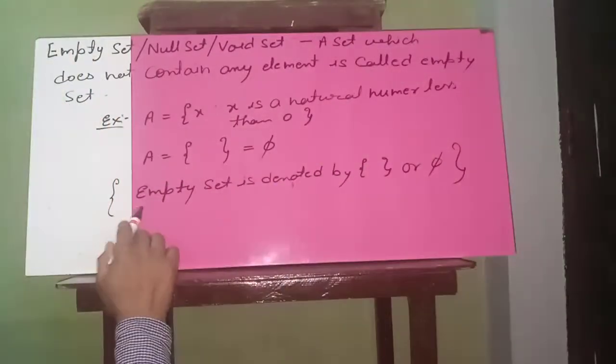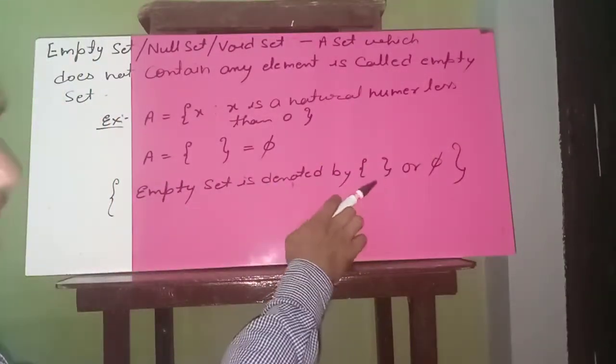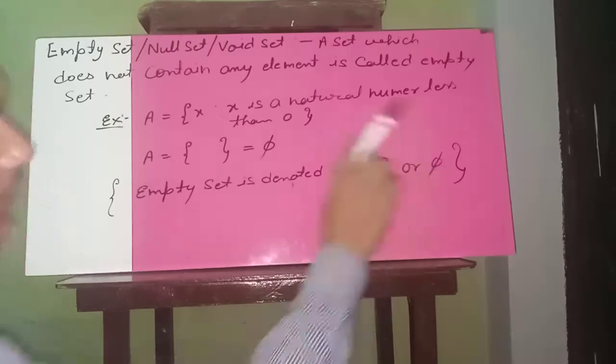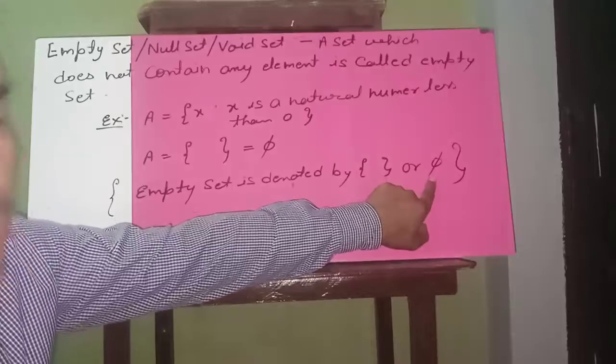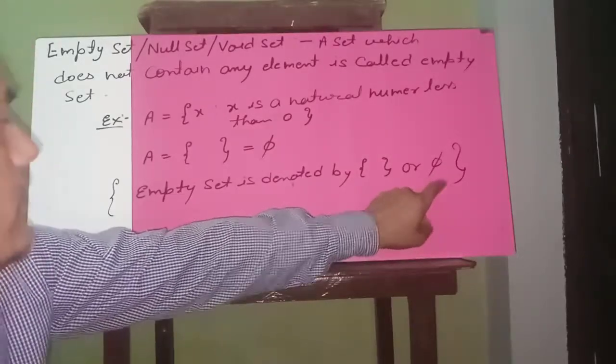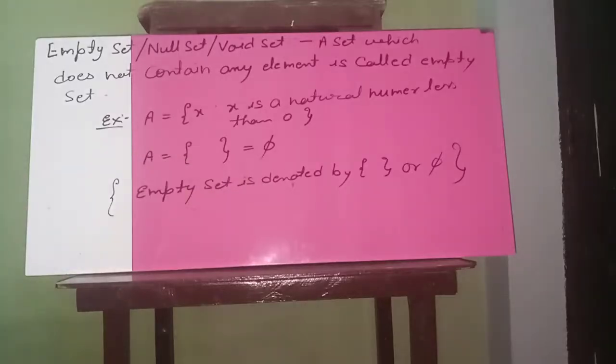The representation of an empty set is this type, empty brackets or φ, and this is also called φ. The set name is φ. φ is always called an empty set. That is the definition of empty set. Pause the video and note the definition.